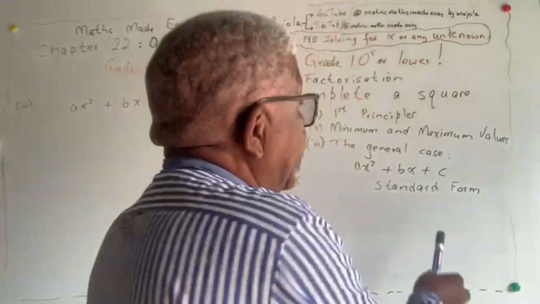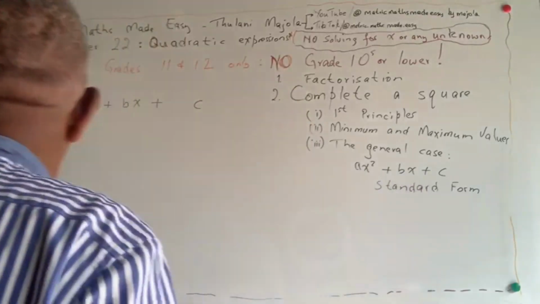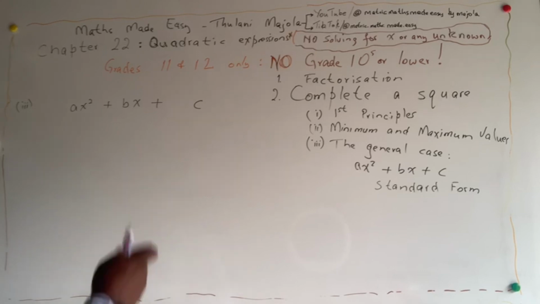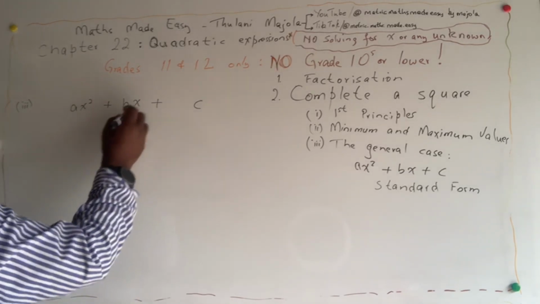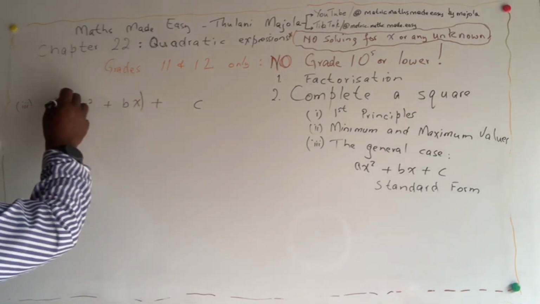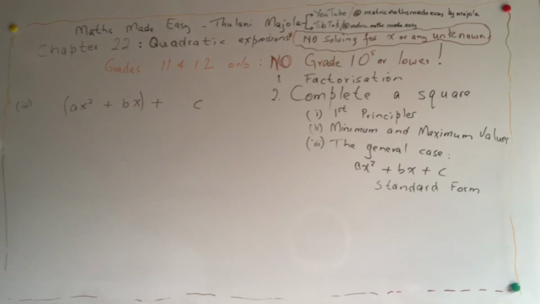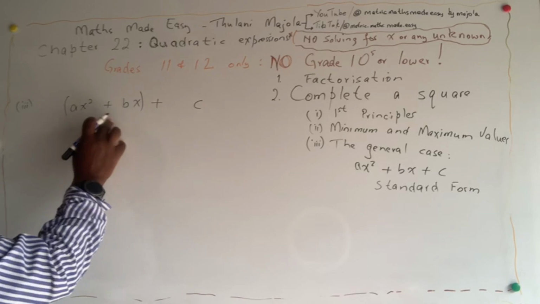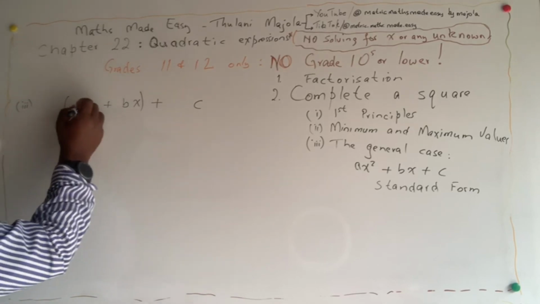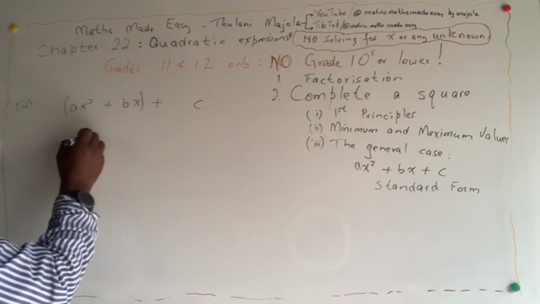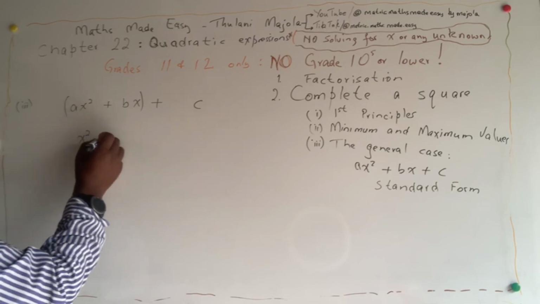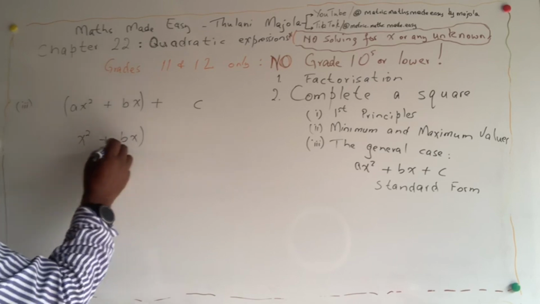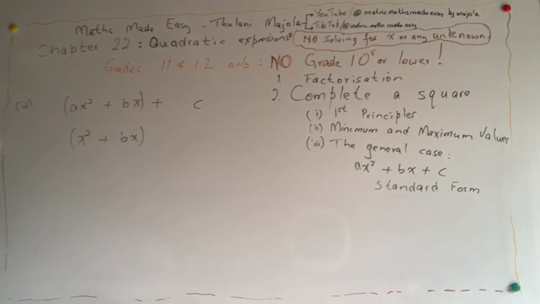So I'm going to complete the square of this. How do you complete a square of that? We have to group the x terms, and then make the coefficient of x squared equal to 1.